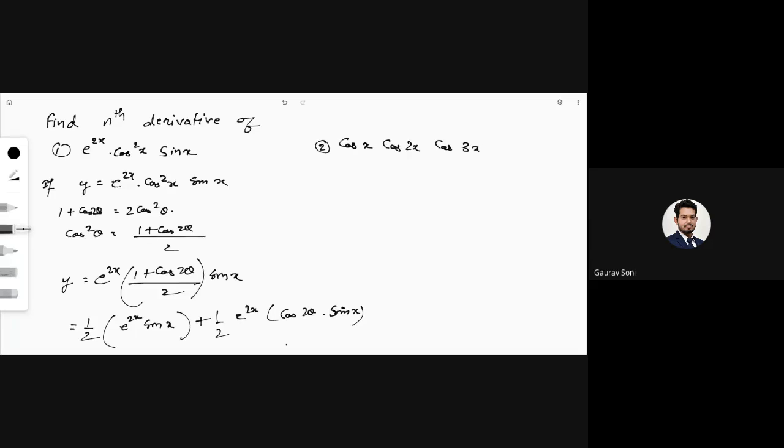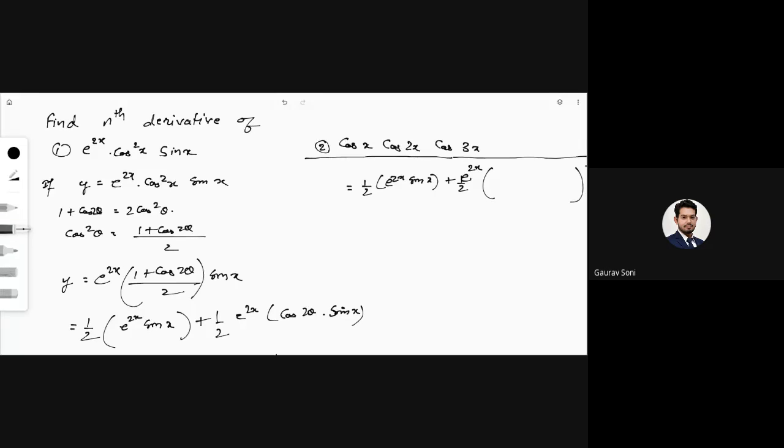Anyone, what can we do now to convert it to some form where I can take the nth derivative directly? So 1 by 2 e to the power 2x sin x plus 1 by 2 e to the power 2x in bracket cos 2x sin x. How can we convert this?